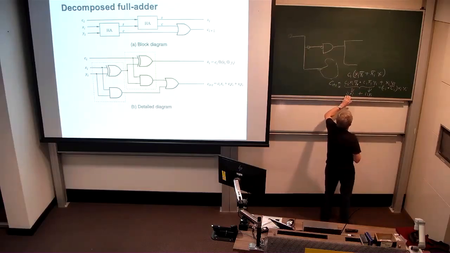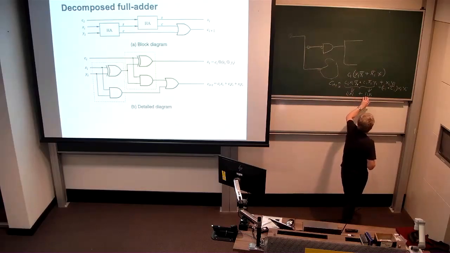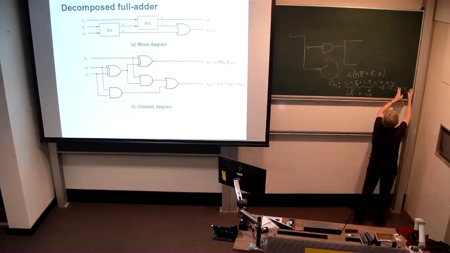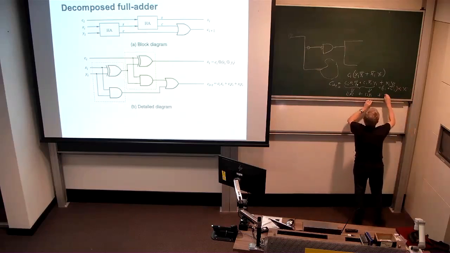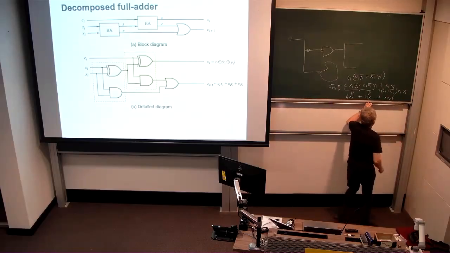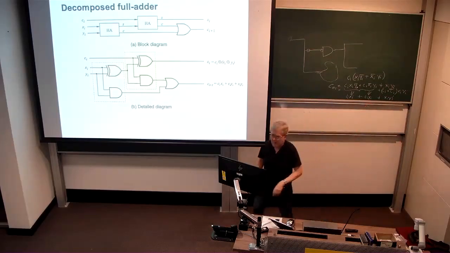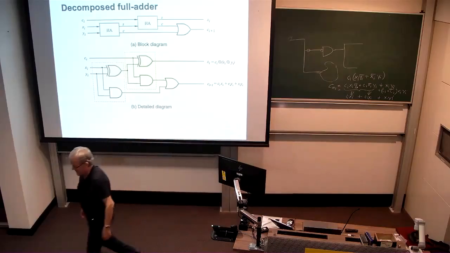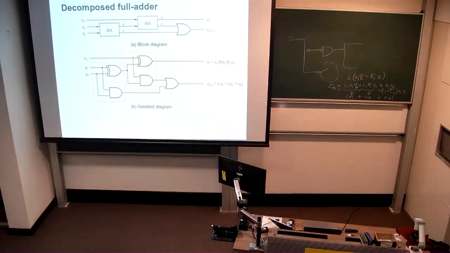I'm left with Ci Xi, Ci Yi, and finally just Xi Yi over here. I still don't know that I made that a very clear explanation. I'm hoping that you can see my logic though.